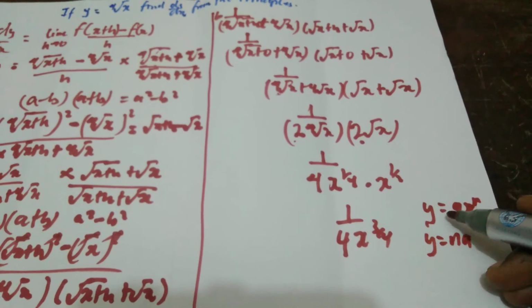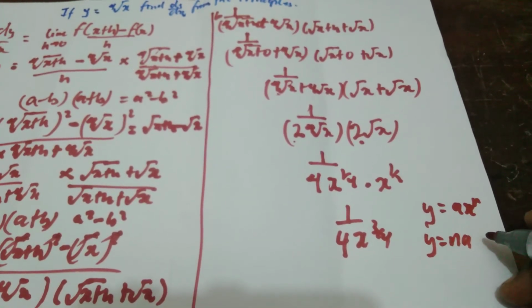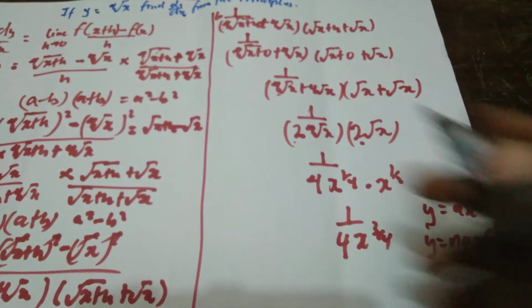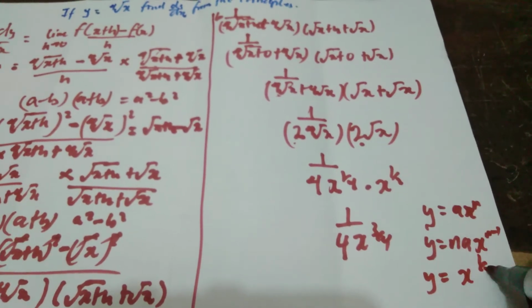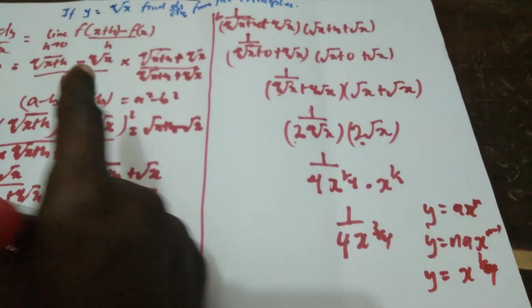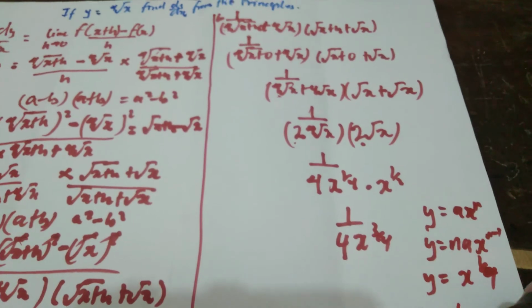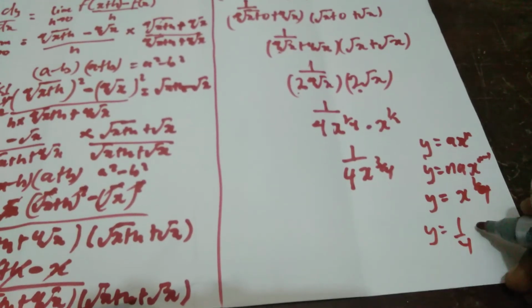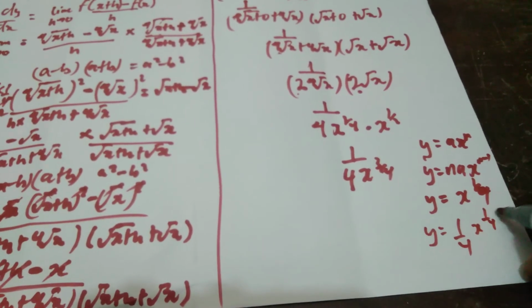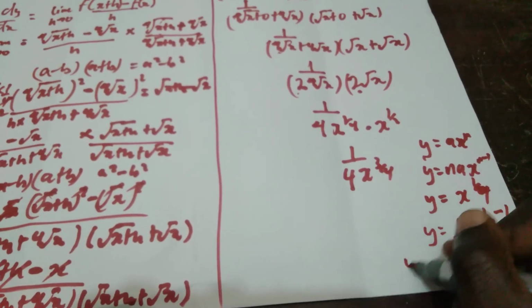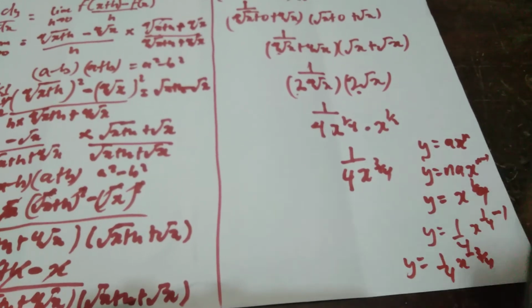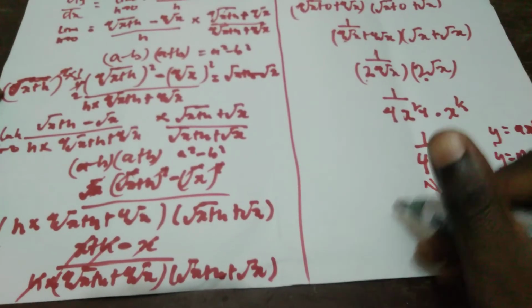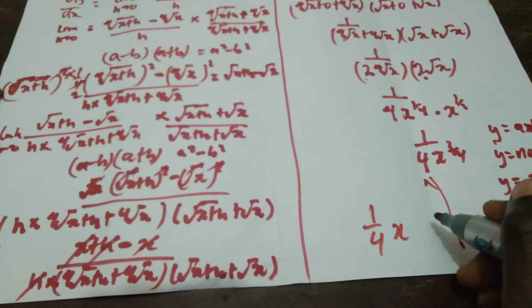You multiply n by a and subtract 1 from the power. So y is equal to x raised to the power 1 over 4, because of the fourth root sign, so dy over dx is equal to 1 over 4 x to the power 1 over 4 minus 1. So it is 1 over 4 x to the power negative 3 over 4, which is 1 over 4 x raised to the power 3 over 4.